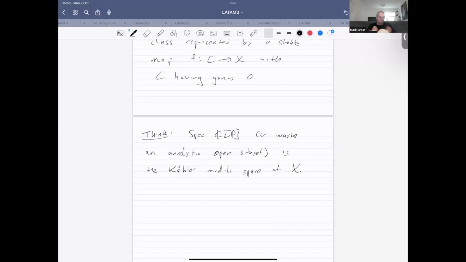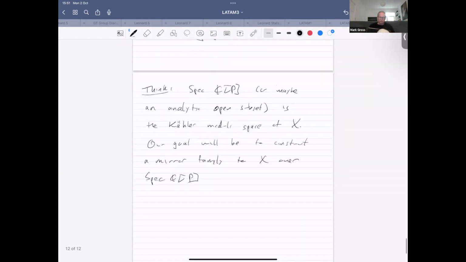So our goal will be to construct a mirror family to X over spec C bracket P. So for X, spec C bracket P plays the role of the Kähler moduli space, and then for the mirror, it plays the role of some base of a family of mirrors.